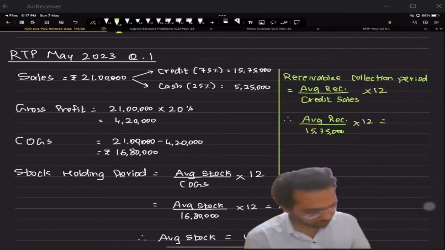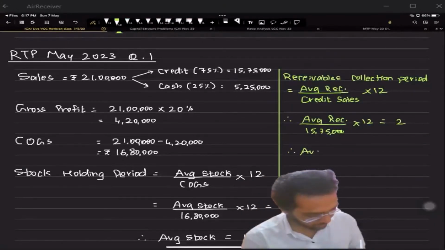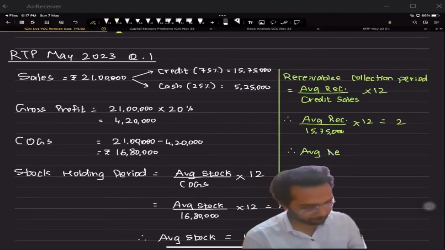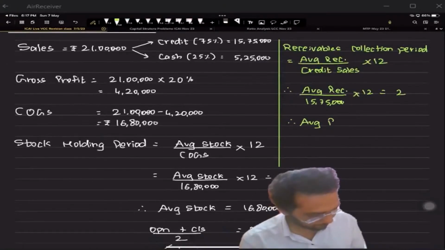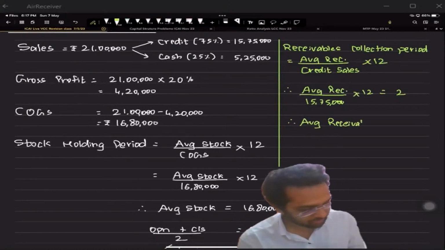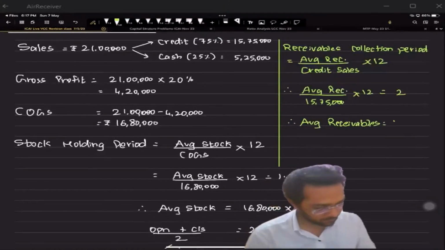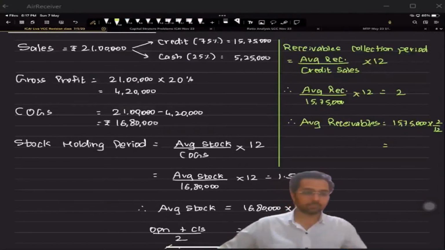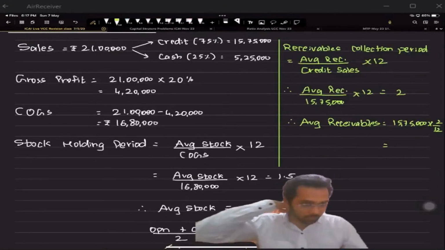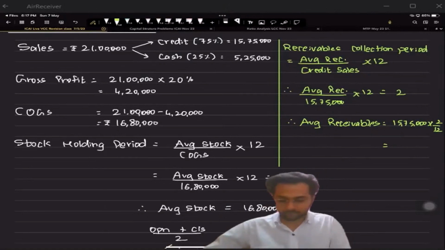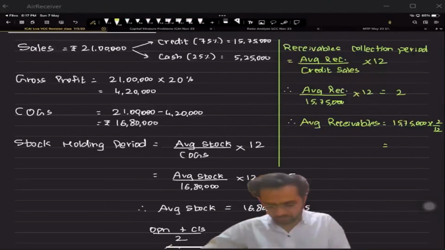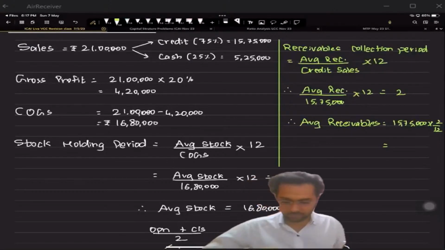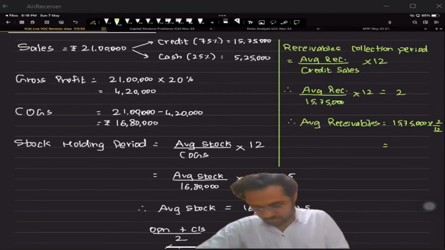So the average receivables figure will be 15,75,000 into 2 divided by 12.